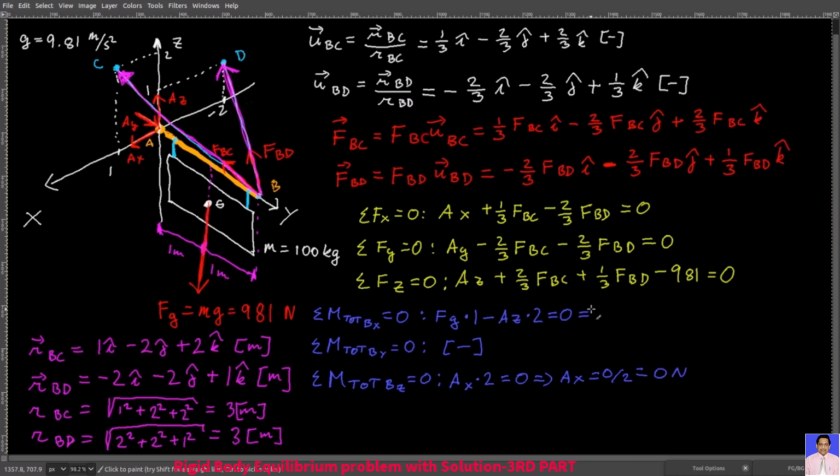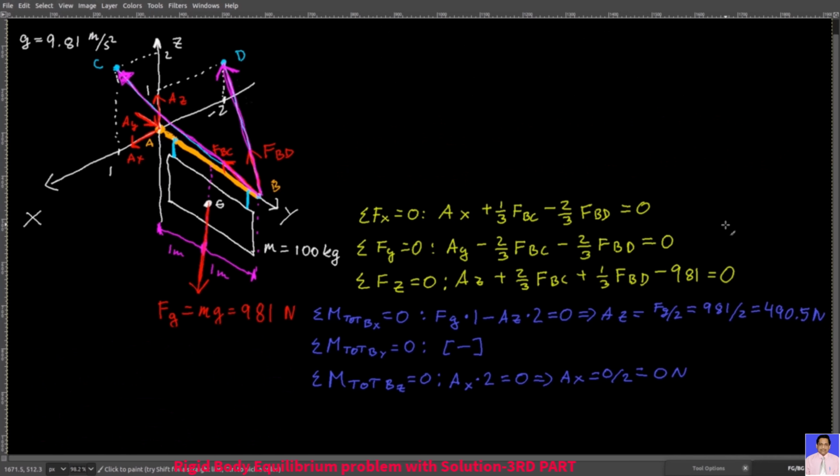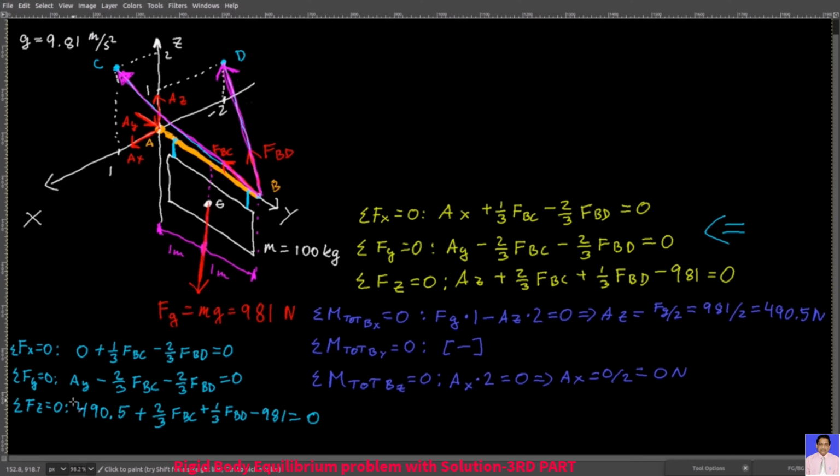Then from here you can see that AZ equals FG/2, so 981/2, 490.5 newtons. And now I will take my force equations and rewrite them like this.